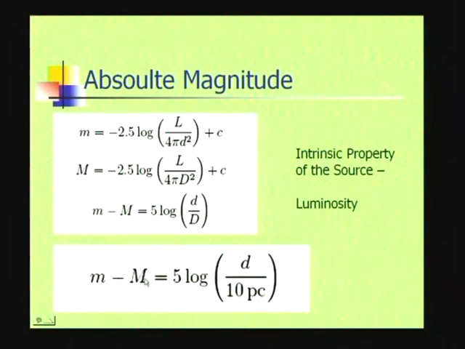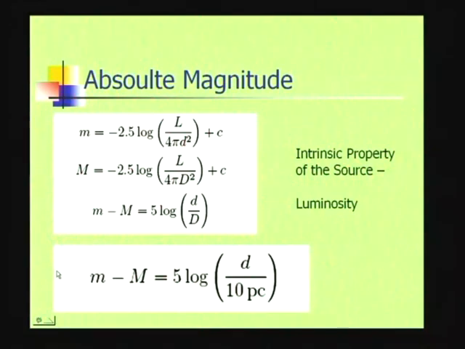So, suppose I have a standard candle, I would know what the absolute magnitude is. If I have a standard candle, I know the luminosities, I know what I would get if I place it at 10 parsec. I can measure the apparent magnitude, and then I would have this m minus capital M, apparent minus absolute magnitude. This is called the distance modulus.